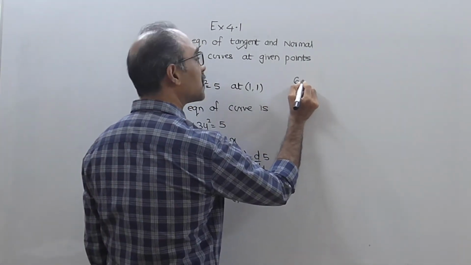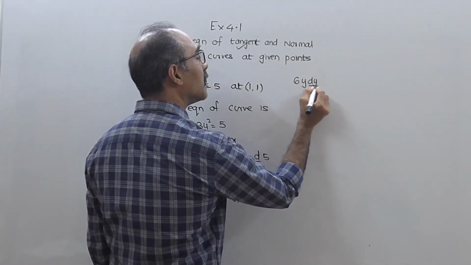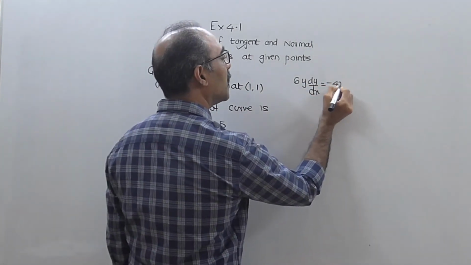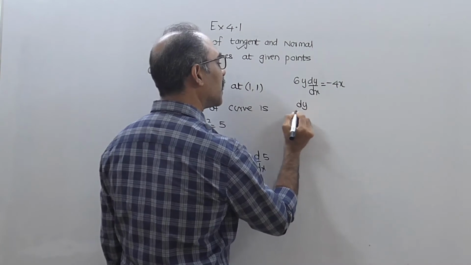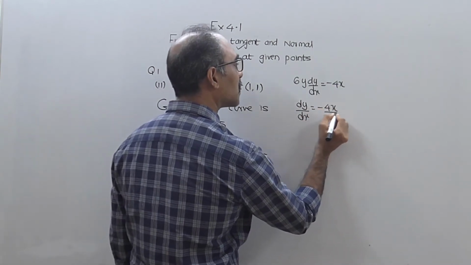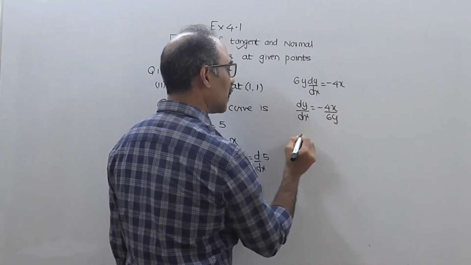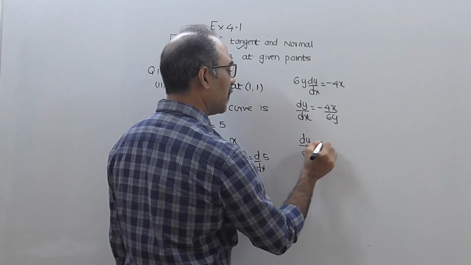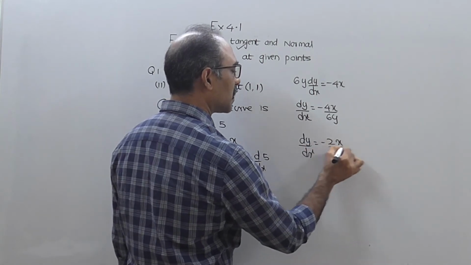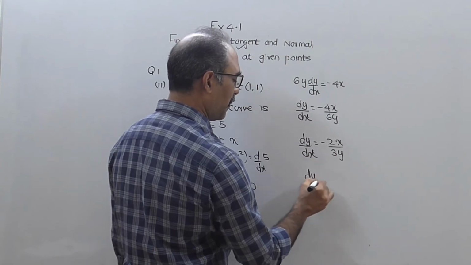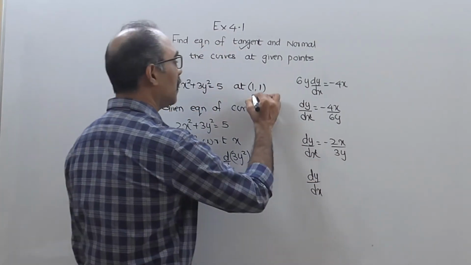So we get 6y dy by dx equal to 4x taken to the other side, it becomes minus 4x. So we get dy by dx equal to minus 4x upon 6y. So dy by dx equal to minus 2x upon 3y, and you want to find the equation at point 1 comma 1.